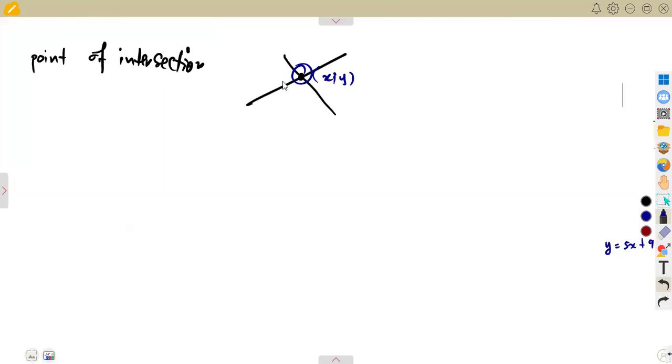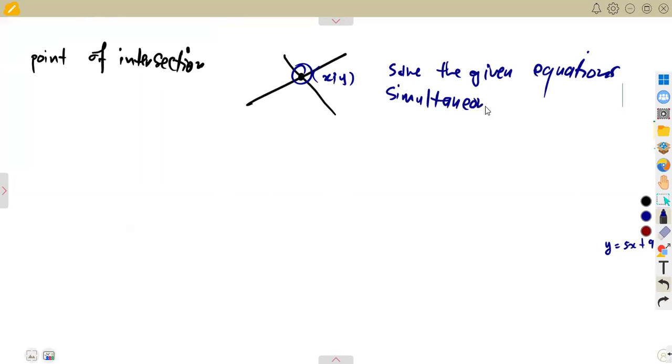To have that point of intersection, you simply have to solve the given equations simultaneously. Meaning to say we are back to our simultaneous equations.